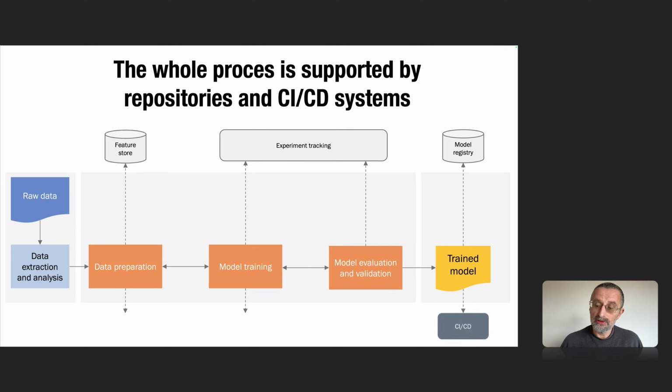Next, when the model is trained, we have CI/CD, continuous integration, continuous deployment pipelines supported by tools like GitHub Actions or some other dedicated technologies used by different companies. After the model is trained, we need to monitor this model's quality, but we need to also monitor the infrastructure itself for latencies, for security, etc. So that's another topic we need to take care of in real life, infrastructure monitoring.